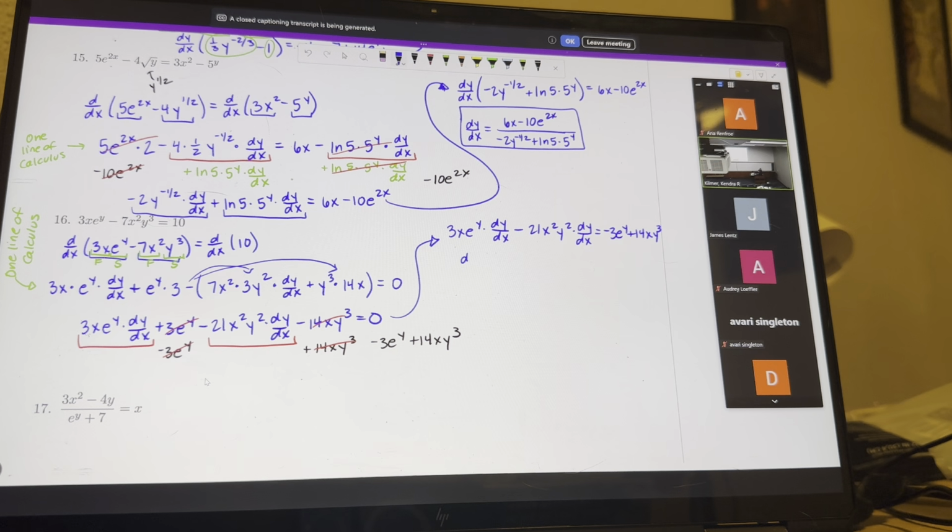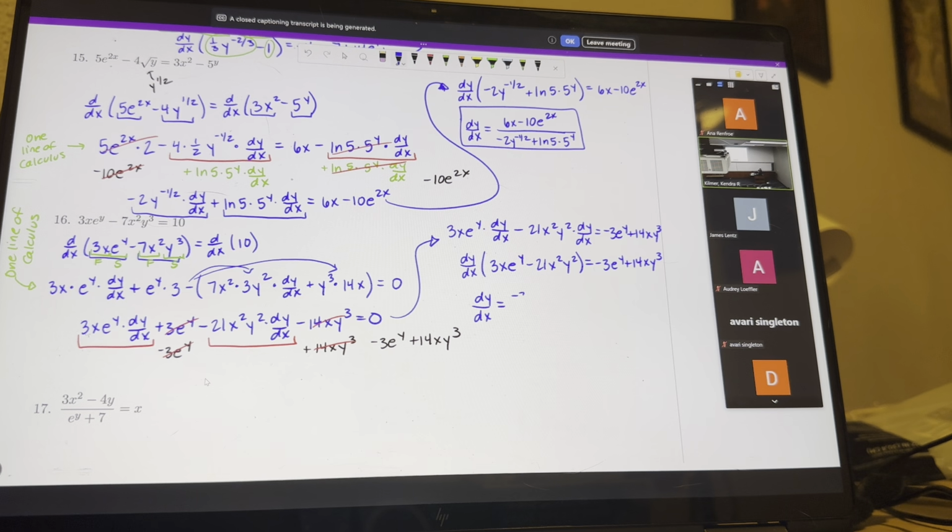And then I can factor a dy dx out of both terms on the left-hand side. If I factor a dy dx out of this first term, I'm left with a 3x e to the y. If I factor a dy dx out of the second term, I'm left with a minus 21x squared y squared. My right-hand side remains as is. And then I solve for dy dx by dividing both sides by what I have in parentheses.